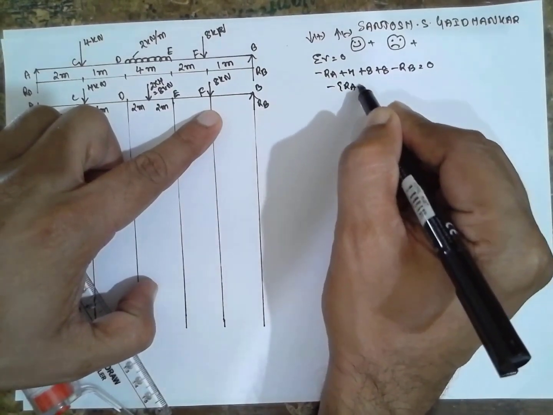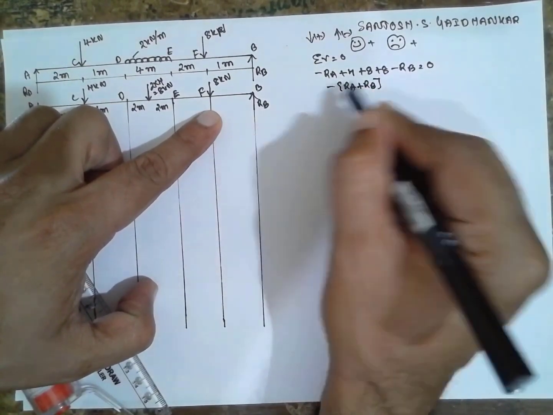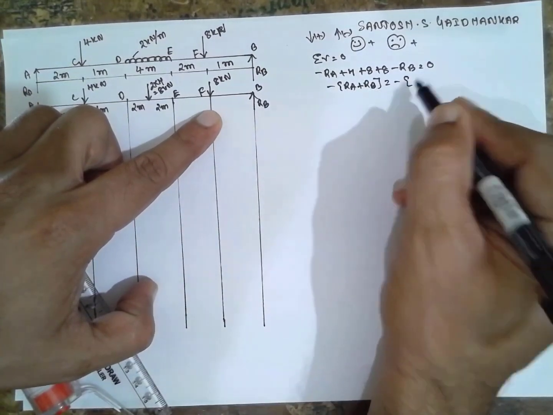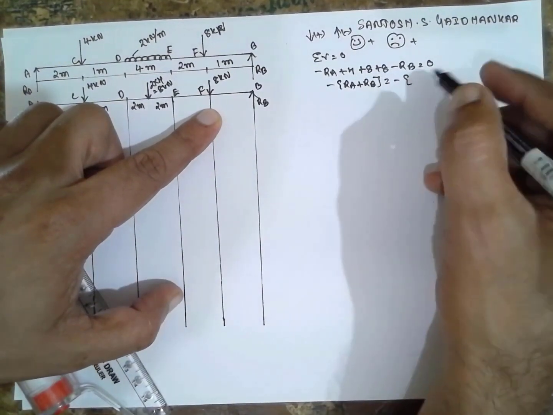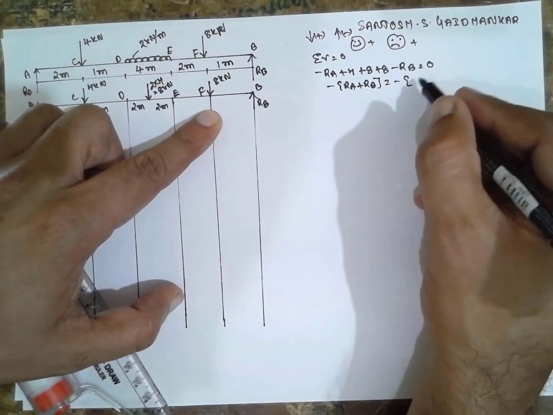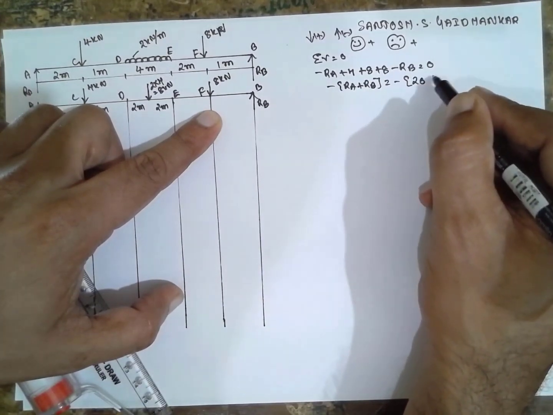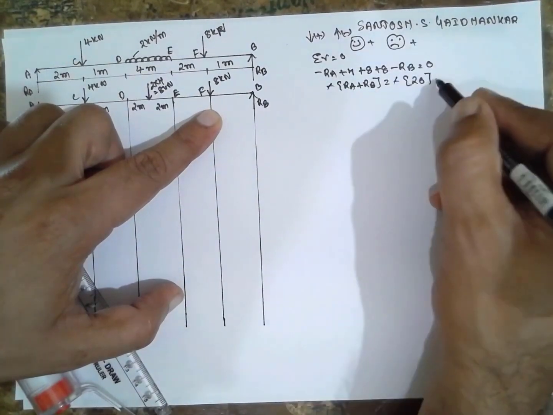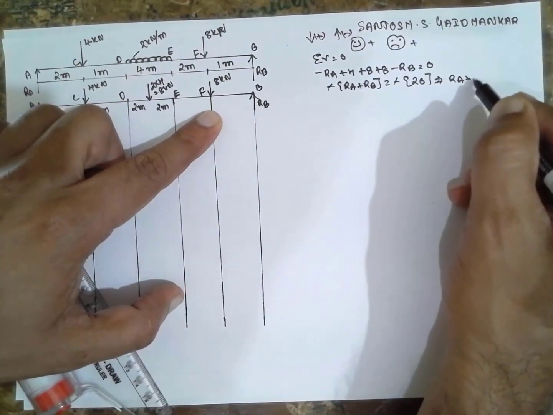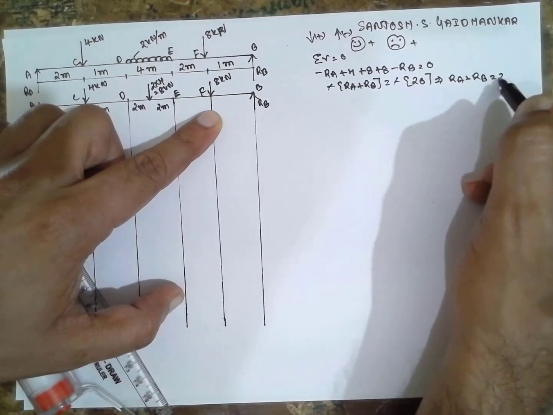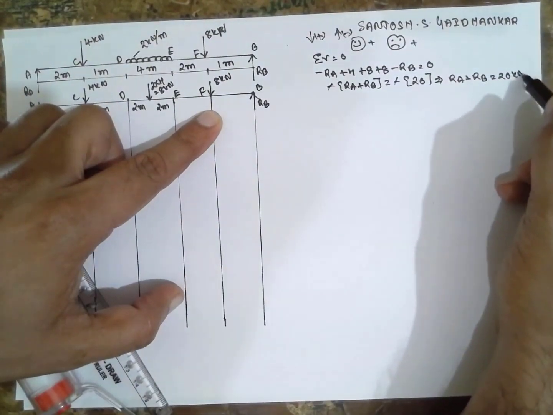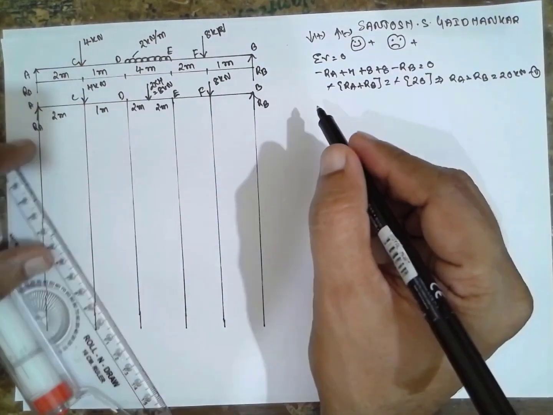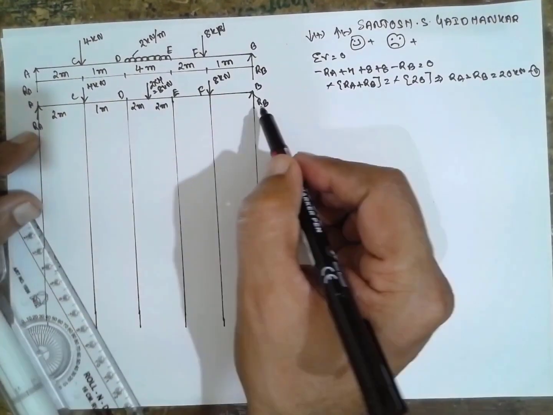Taking minus as common, RA plus RB, and this becomes 20. Minus minus gets cancelled. This is RA plus RB is equal to 20 kilonewton, equation 1. Now we have to find out the reaction values.